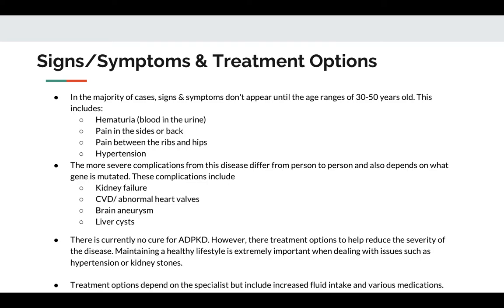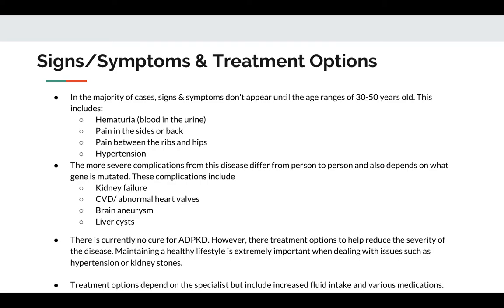Once a person starts nearing kidney failure, there's usually either a complete kidney transplant or dialysis, which is a type of treatment that's used to rid the body of excess waste and things that a healthy kidney would do for you. So getting rid of toxins and filtering out things like that.